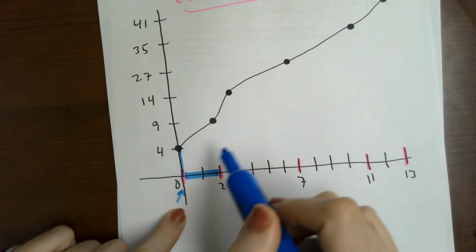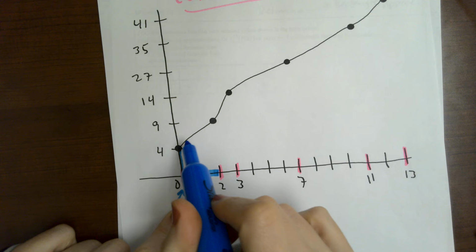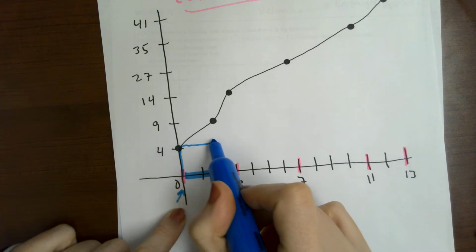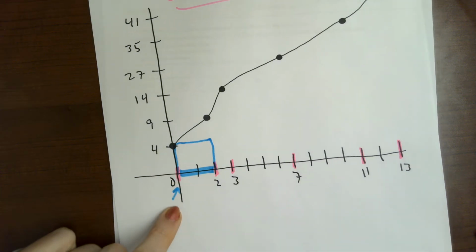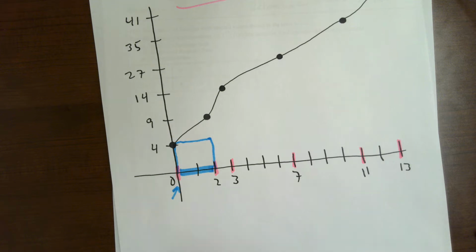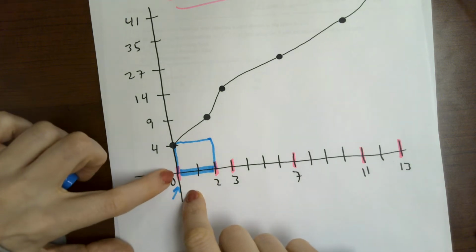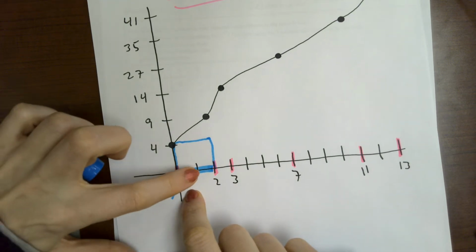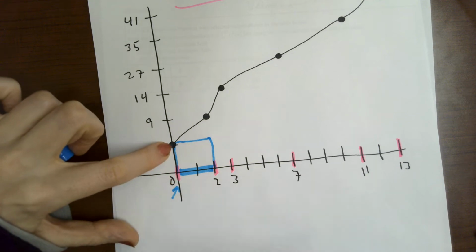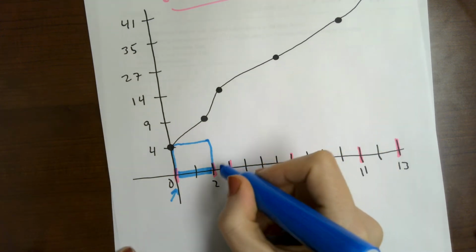Once you hit the graph from the left endpoint, you do a horizontal segment, and then you complete the rectangle. So the height of the rectangle is determined by going from the left endpoint up to the function. All right, so that's the first rectangle.